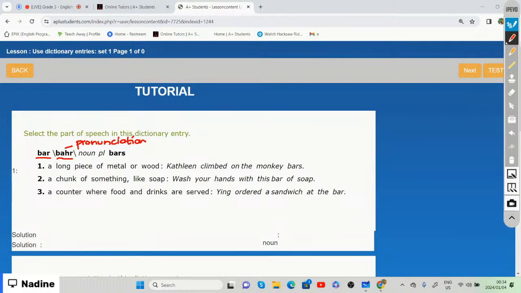It's the same as if we look at the word banana. You would maybe say the word banana in your country, but in my country, which is South Africa, we say it differently. So this word, BAHR, you will find in the dictionary, and then they will tell you how a word is pronounced, as in how you say the word.